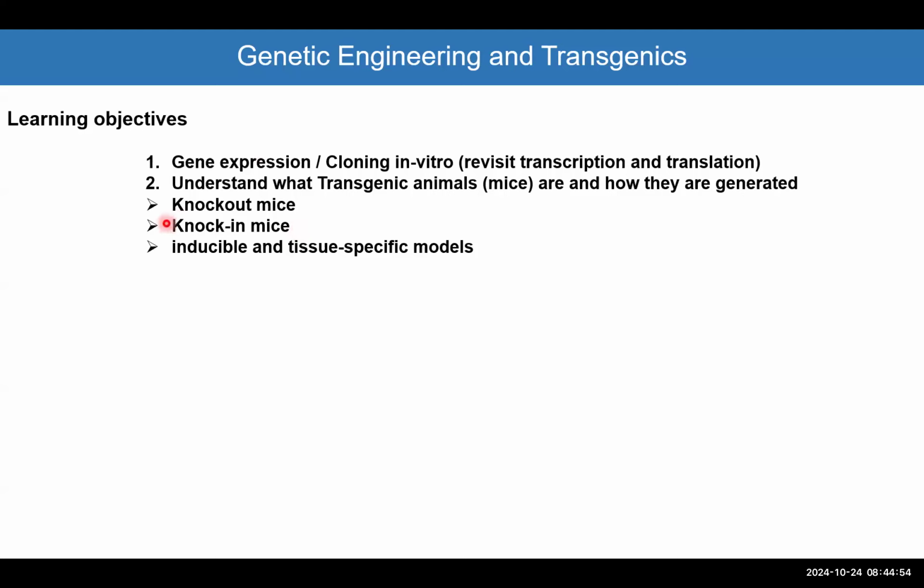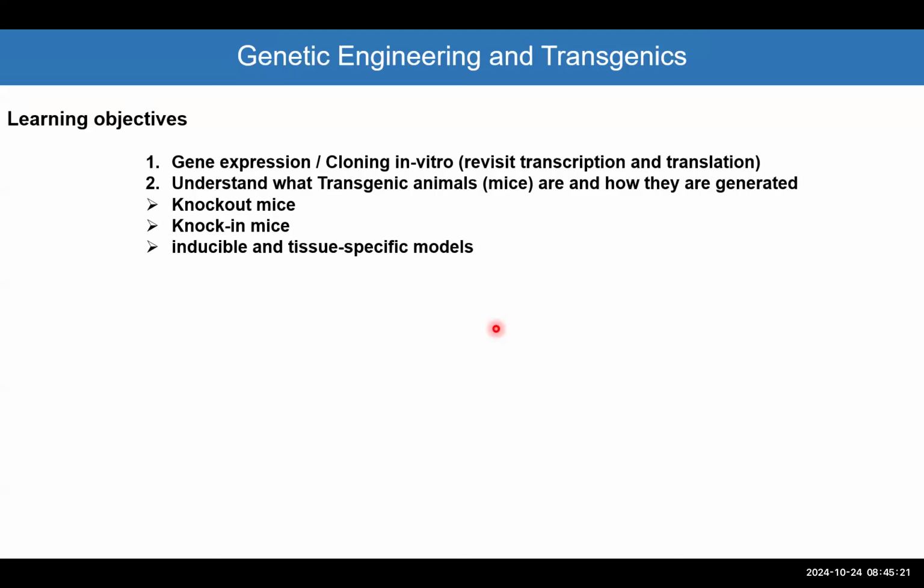And again, these are coming in the next couple of lectures. And then we will discuss inducible models or tissue-specific models, where, for example, you want to express a protein in a particular tissue only, or you want to knock out a protein in a particular tissue.